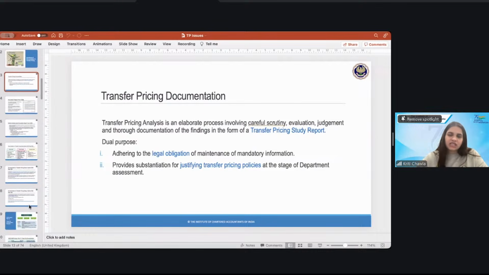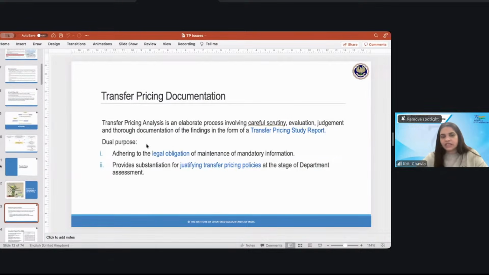This is something which is still international. India has incorporated it, but if you talk about what is the documentation which will be applicable now that there is an international transaction or specified domestic transaction, well, then there will be something called the TP study documentation, which is provided in section 92D. And then there is section 92E that talks about Form 3CEB, which is also called the accountant's report.